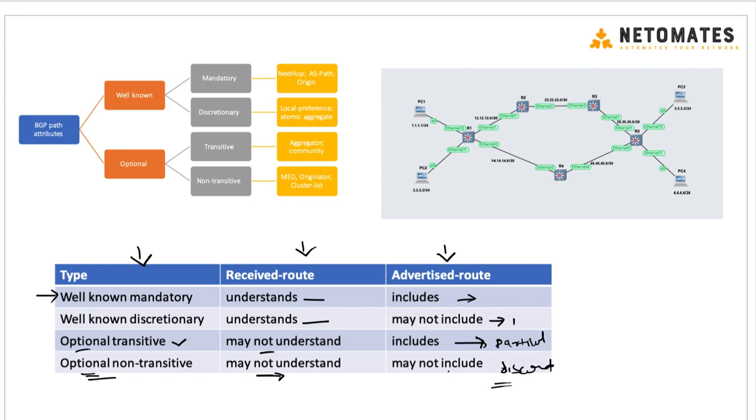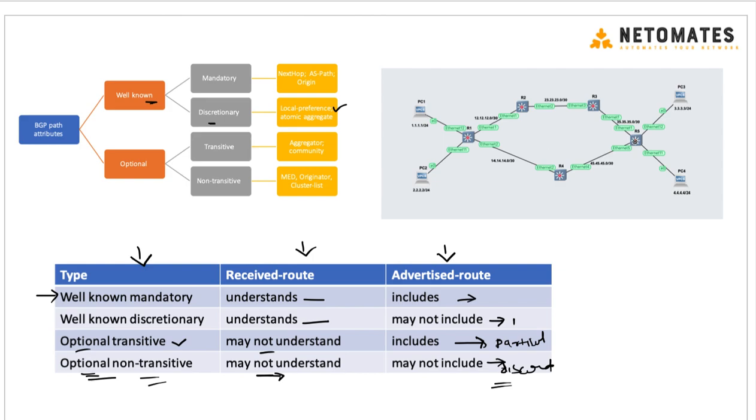So that whenever it advertises a route, it will not include this attribute for that route. Okay. So let's take one example, local preference. Local preference comes under well-known discretionary.